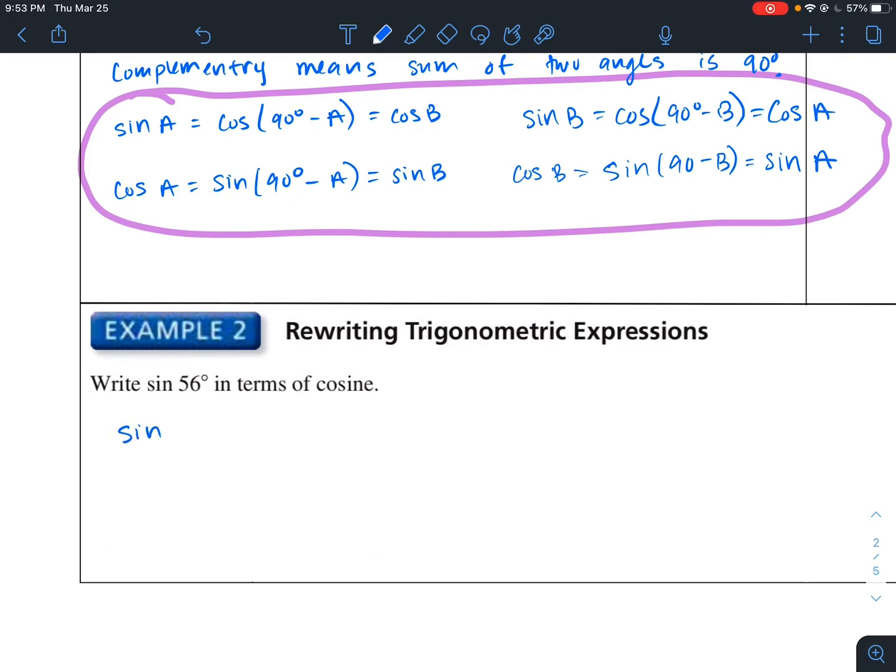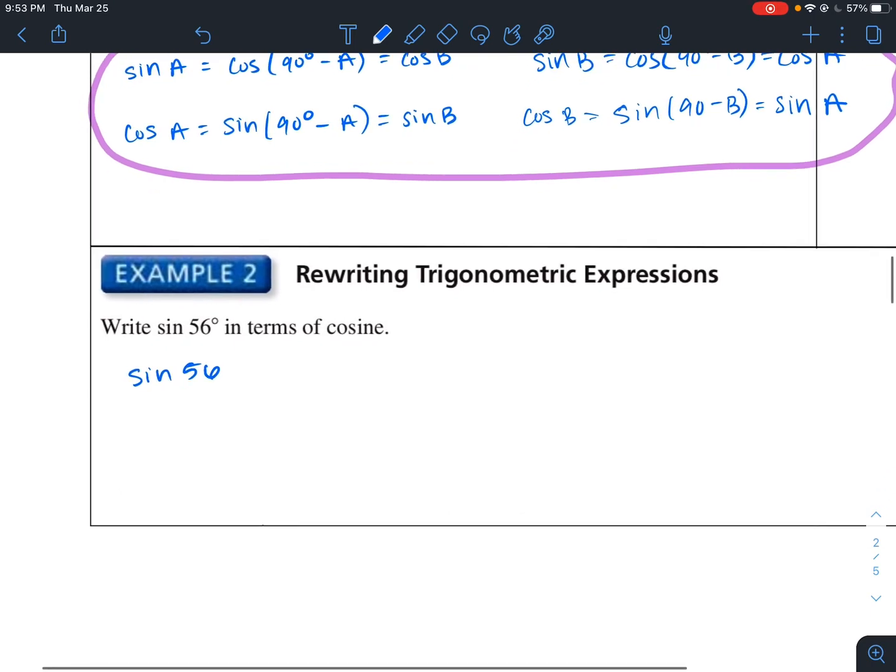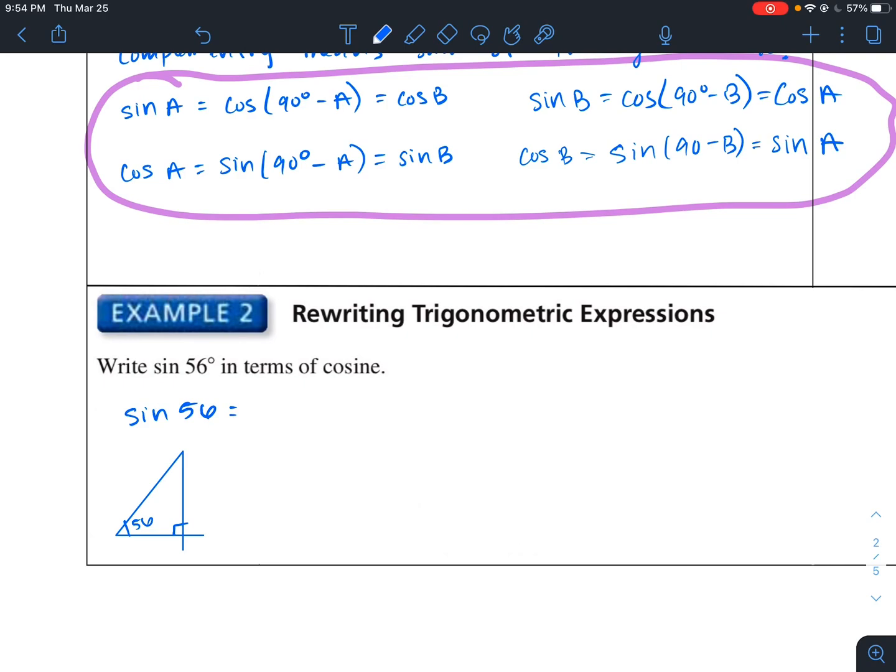So imagine you have a right triangle. Okay, here's a right triangle. Let's say that this angle is equal to 56, right? So if we want to write sine of 56 in terms of cosine, this would be equal to cosine of 90 degrees minus 56.